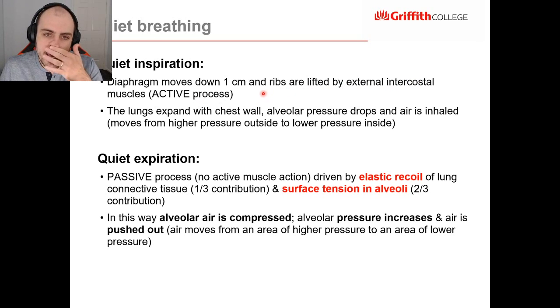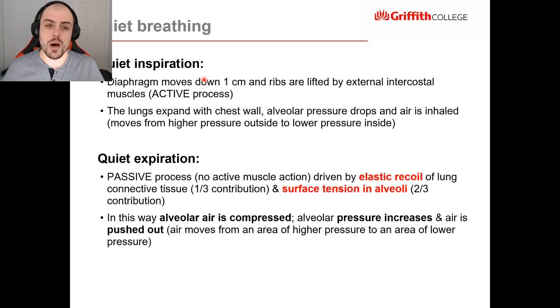What am I saying here? Okay, this is pretty much everything I was just saying before. So when we're doing quiet inspiration, which again you all are basically doing right now, unless you're listening to me while going for a jog or something like that, what's going to happen in quiet inspiration is your diaphragm is going to contract, okay? It's going to pull down.